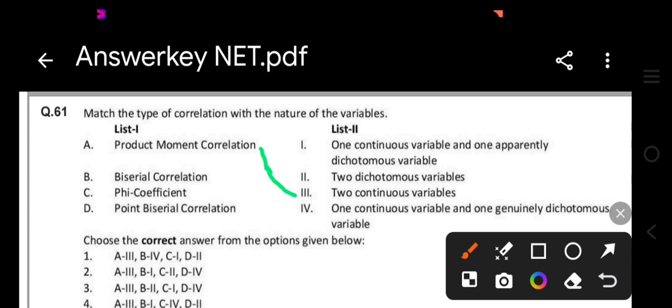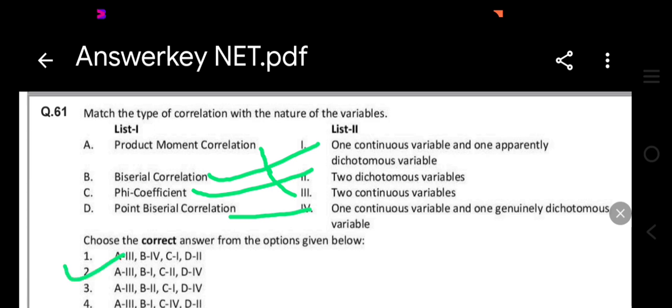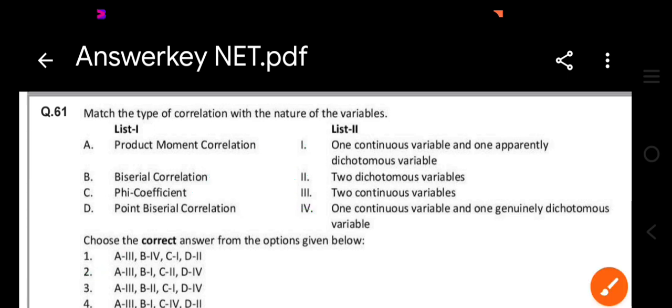Phi coefficient is related to this one, and point biserial correlation is related to D4. So the matching is A3, B1, C2, and this is the right answer. I'm moving to the next question.